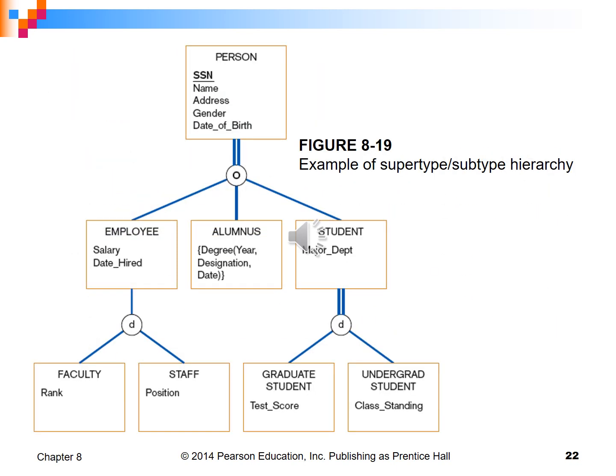Well, if we look at this figure 8-19, an example of supertype and subtype hierarchy, we see the person and underneath it employee, alumnus, and student. The double line there shows that it's a must have. The O is an overlap.